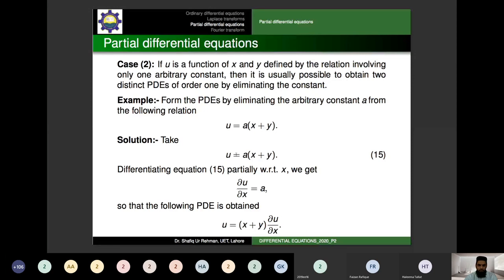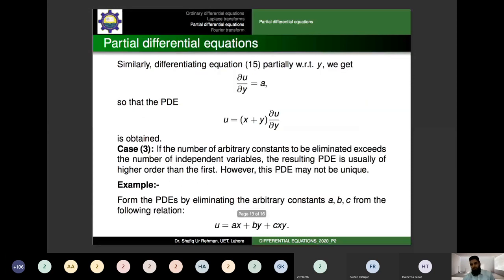But this is not the only option. We could also partially differentiate u with respect to y. If we do that, we will have a different expression for a. So take this value and plug it into this relation. We will have another partial differential equation of order 1.